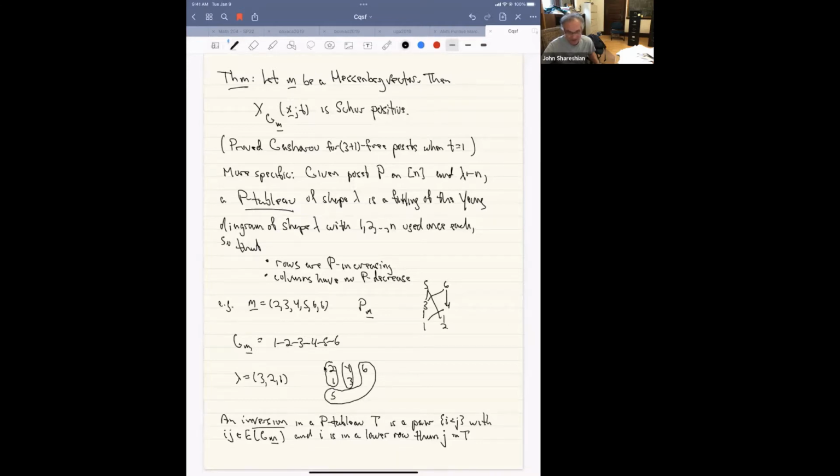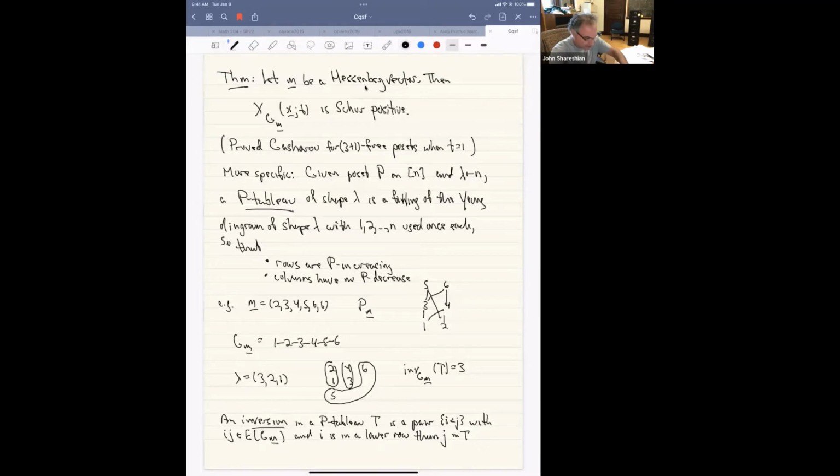So 2, 3 is not an inversion because 2 is above 3. These relate to the graph. This has 3 inversions. Okay, so far so good.